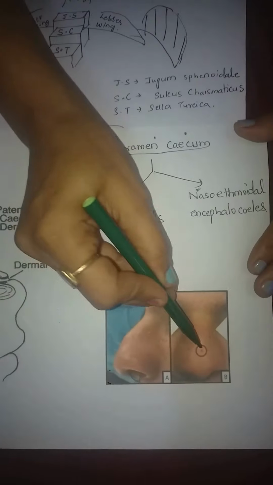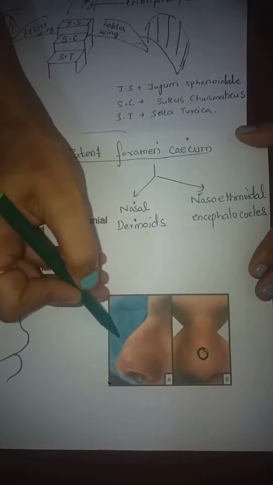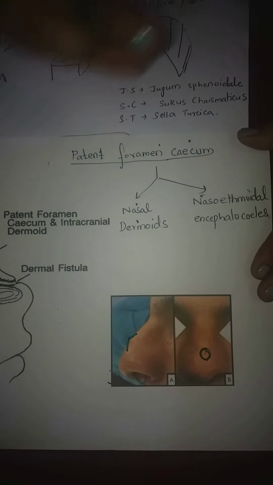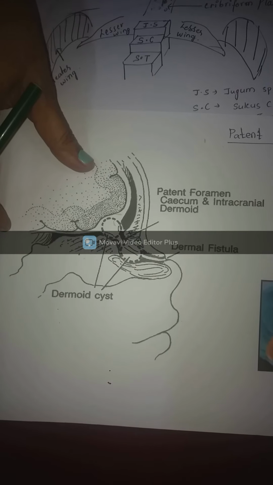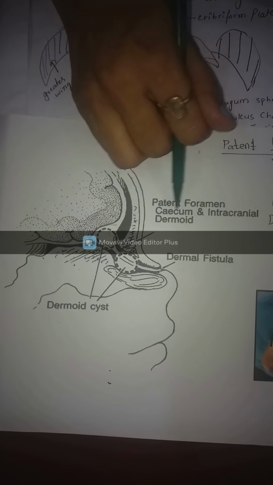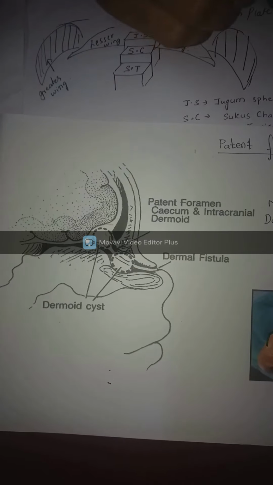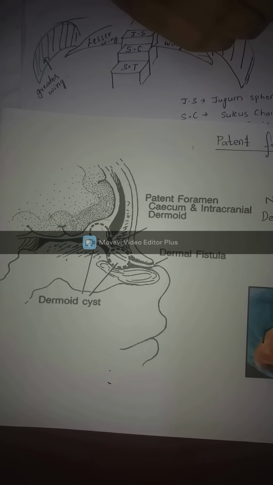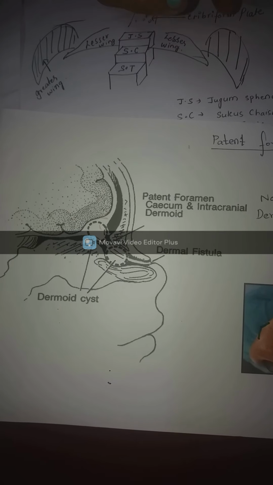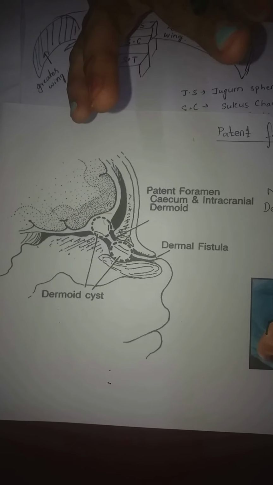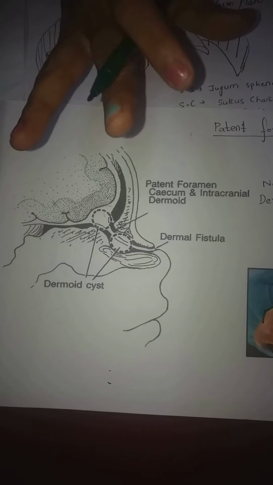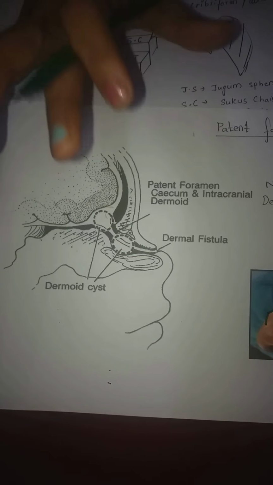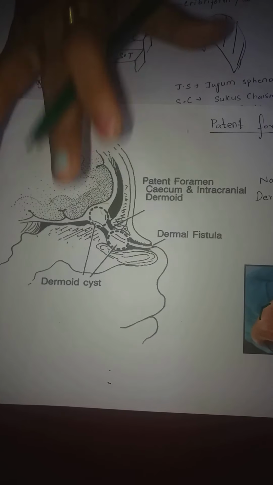It looks like this, just like a pimple and an elevated nose. The nose has become crooked, but it may be an underlying patent foramen cecum leading to a dermoid. Okay, so investigations matter. What matters is your ability to differentially diagnose, the basis of which is anatomy and clinical anatomy.